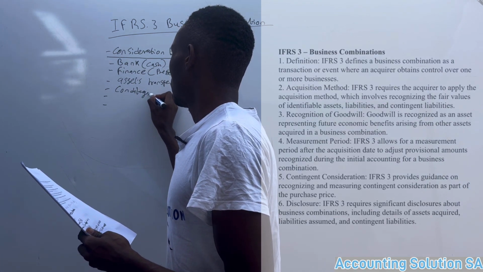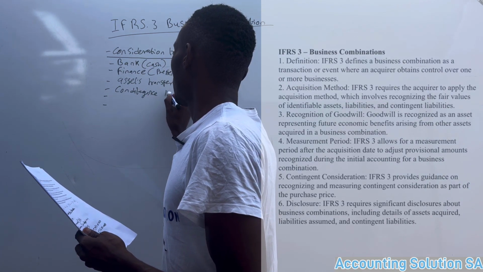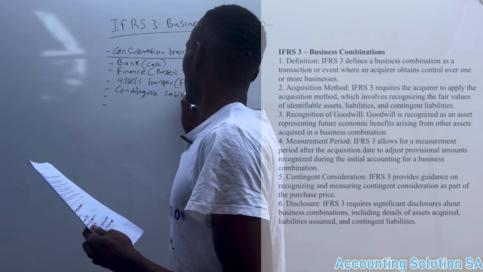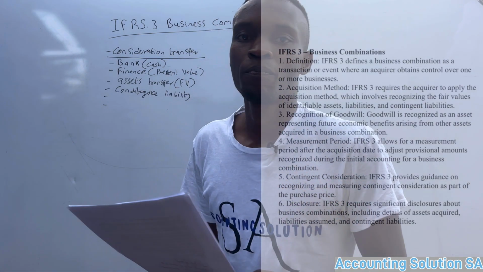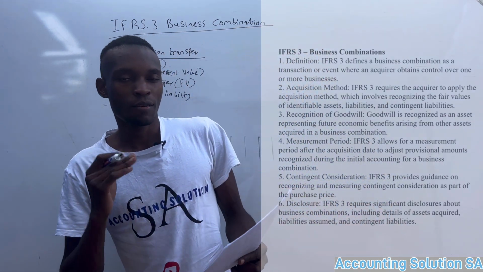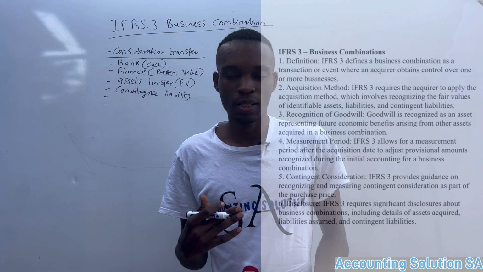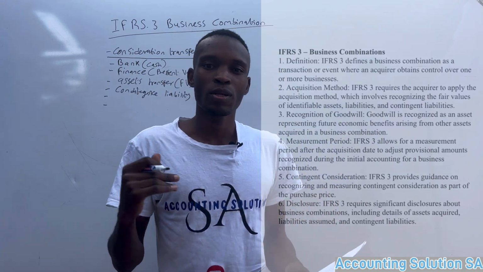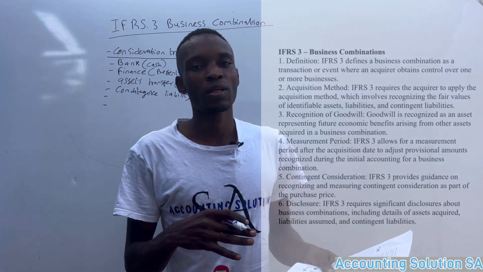Contingent liability. Okay, I'm gonna explain this. So when we talk about contingent liability, guys, you can find that the company that you are purchasing, one of the owners was owing someone or another entity.